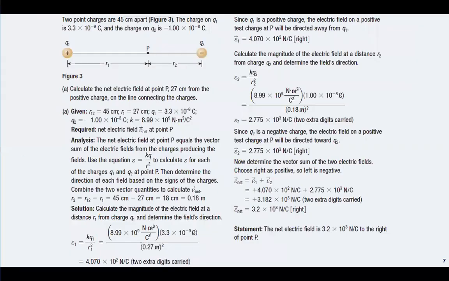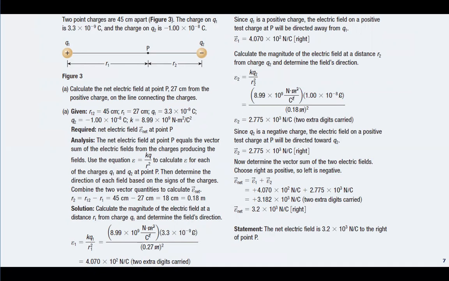Note that the electric field is a vector. The net electric field at point P should equal the vector sum of the electric fields from the charges producing the fields.